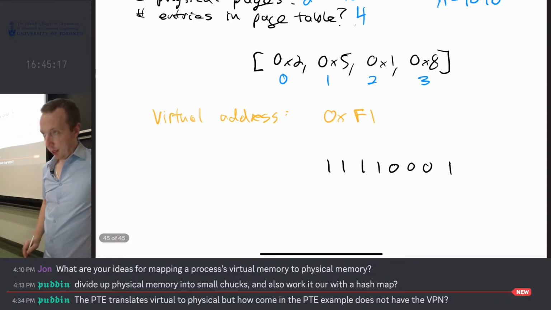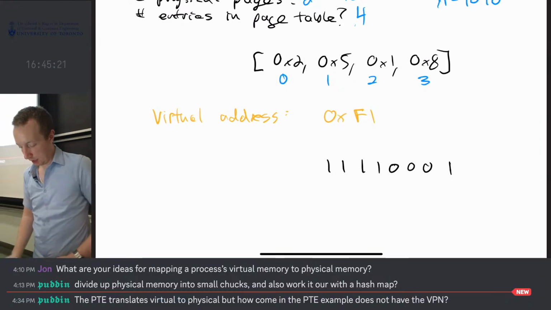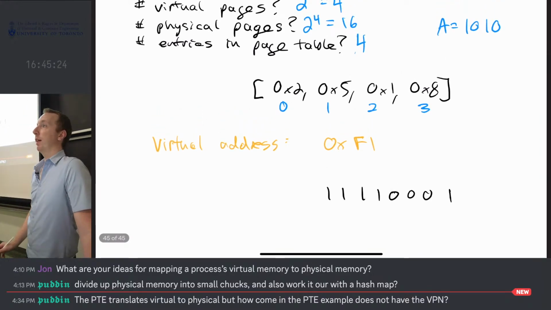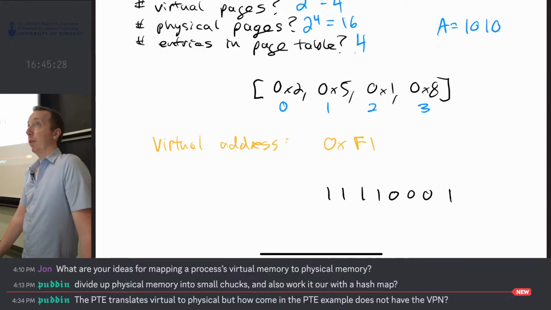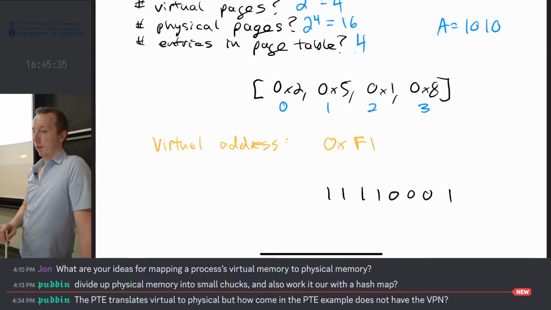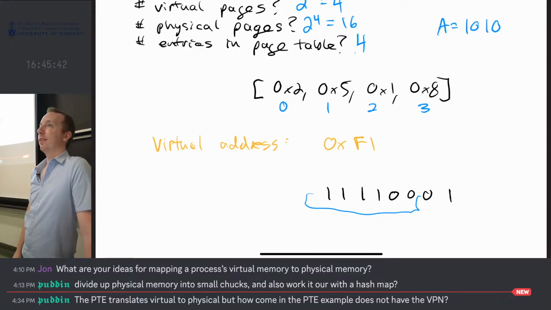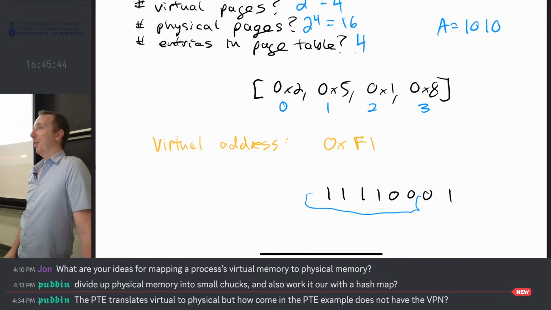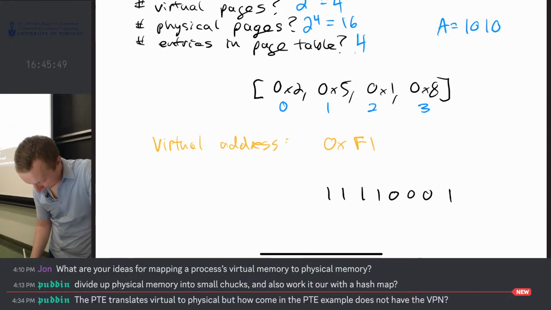So if this is our virtual address in binary, and we don't have to translate the offset part, which numbers are part of the offset that I don't have to translate? So like, don't have to translate these 6? No, other way, right? So the offset is at the least significant bits.